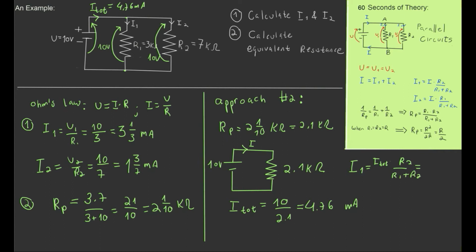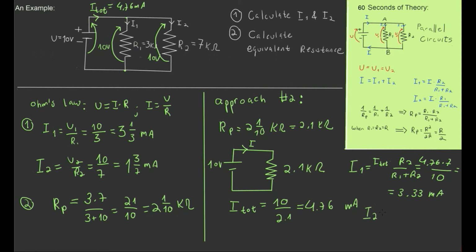That's 4.76 times 7, that's R2, divided by R1 plus R2, that's 10, and that would equal 3.33 milliamps.